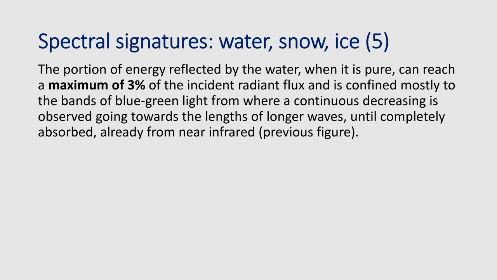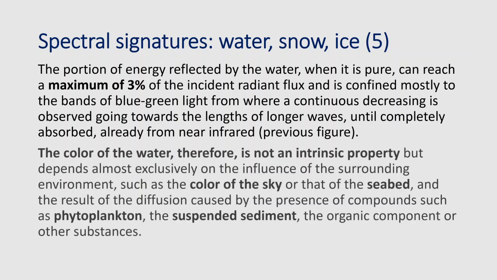So when you see the previous figure, we have to mention that there's only a very small fraction of energy that is reflected by the water, because it's in all the bands a very good absorber of energy, and the reflection of this water, the small amount, is only in the very short wavelengths of the visible. So mainly in the blue-green part of the visible spectrum, while starting from the red part, and especially in the infrared, the water, as we have seen, is a very good absorber of energy.